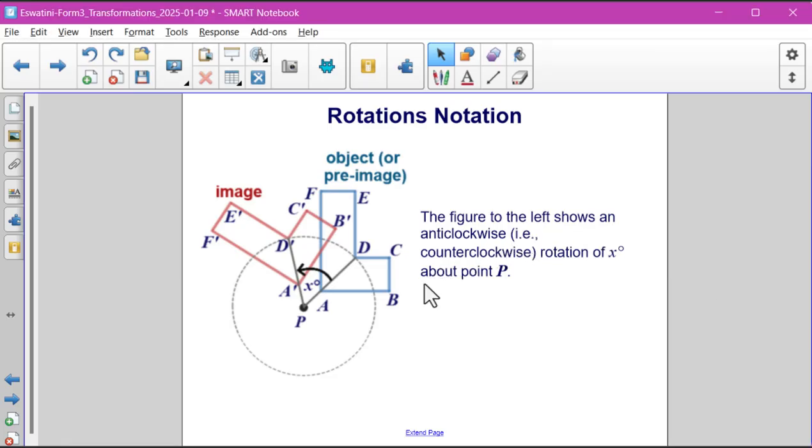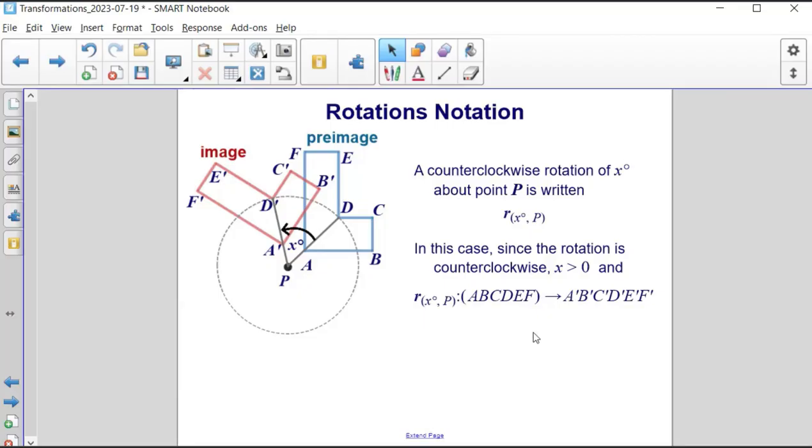The figure to the left shows an anti-clockwise, or otherwise known as counterclockwise, rotation of x degrees about point P. So we see our original pre-image or object is A, B, C, D, E, F, and then our image after the x degrees rotation anti-clockwise is going to be A prime, B prime, C prime, D prime, E prime, F prime. A counterclockwise rotation of x degrees about point P is written as lowercase r.